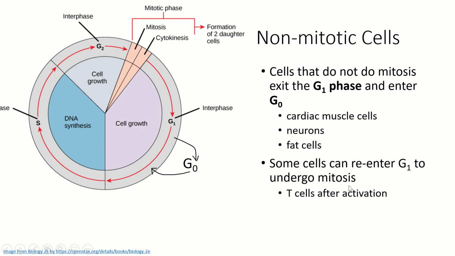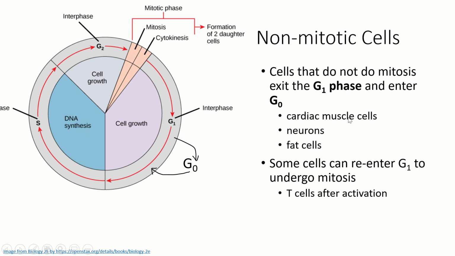And what it does is it actually exits interphase and goes into a thing that we call G0. And G0 is like, okay, I'm so out of the cell life cycle, like I'm never doing mitosis, so I don't need to even think about all of this. It's like a permanent G1 regulatory stop.